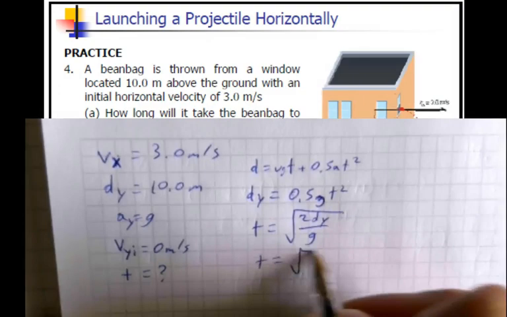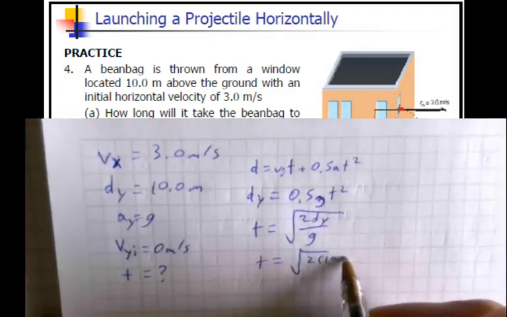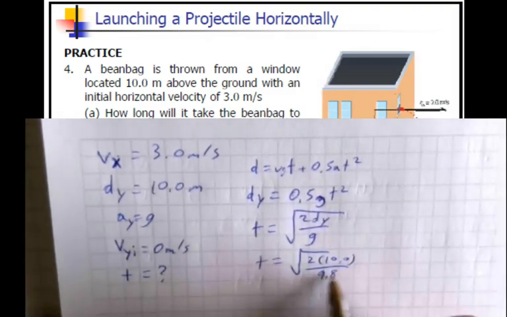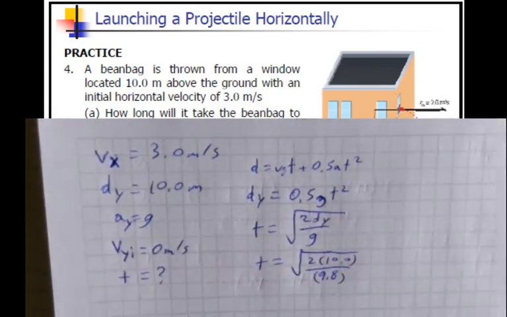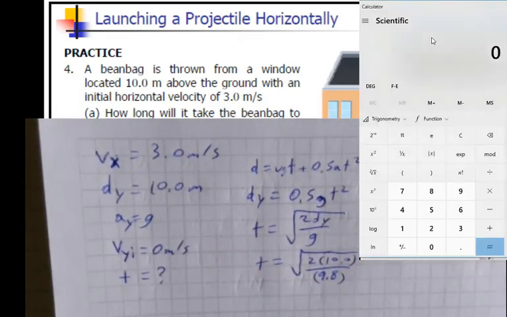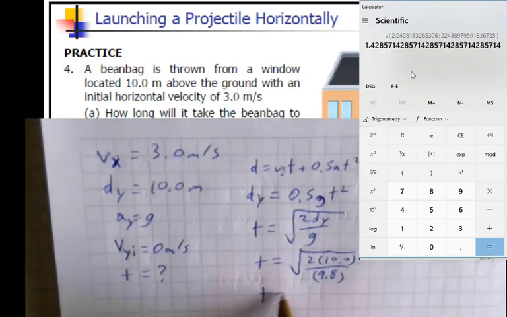So I have the square root of 2 times 10.0 over 9.8. Let's calculate that. So 2 times 10 divided by 9.8, and I find the square root. I get 1.43, or I'll say 1.4 seconds.